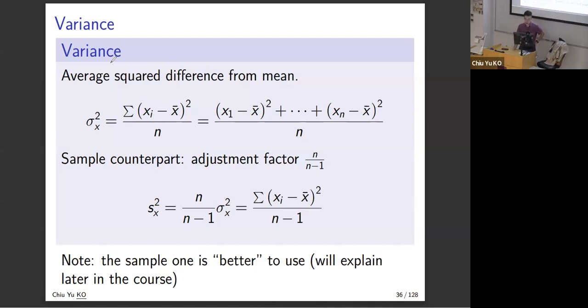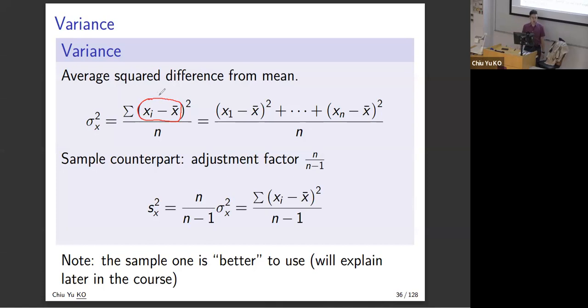We'll talk about dispersion, how spread out the data is, and how it differs from the mean. So variance is a measure with reference to the mean. We're talking about how the data differ from the mean. So the first thing that comes to mind is to take the difference between each data point and the mean, right?